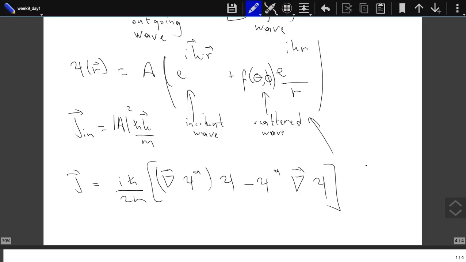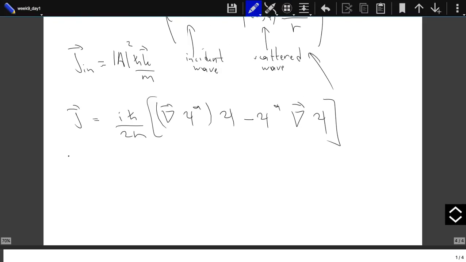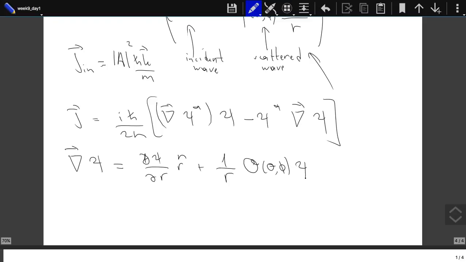Now we need to know the expression of the gradient, where the gradient of any function will be nothing but the derivative of the wave function with respect to r times the r hat direction, plus 1 over r times some operator that depends on theta and phi acting on psi. I don't care what that operator will be. It will not be important for me.